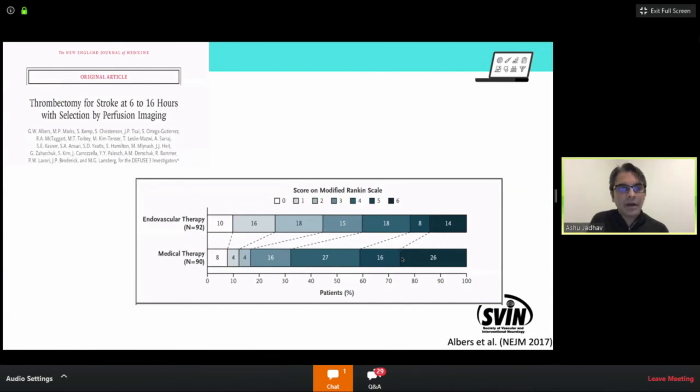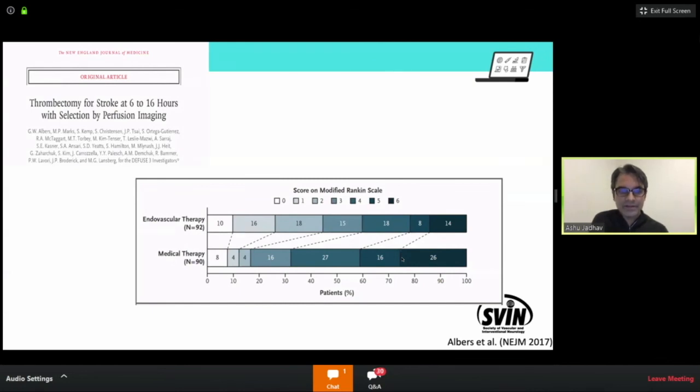You'll probably all be very familiar with this, but these are the results of the DEFUSE 3 trial, where patients were randomized to thrombectomy in the 6 to 16-hour time window versus medical therapy alone. A small percentage of patients did get TPA, but the majority did not.